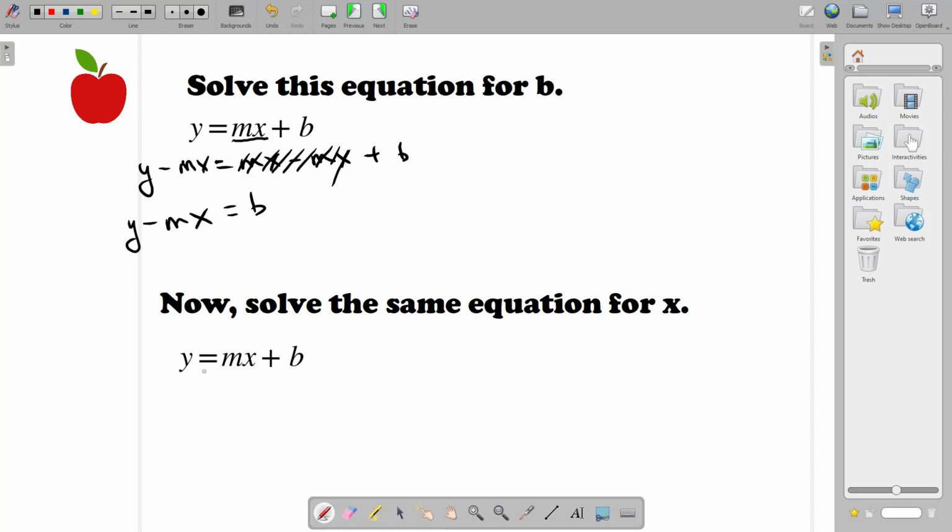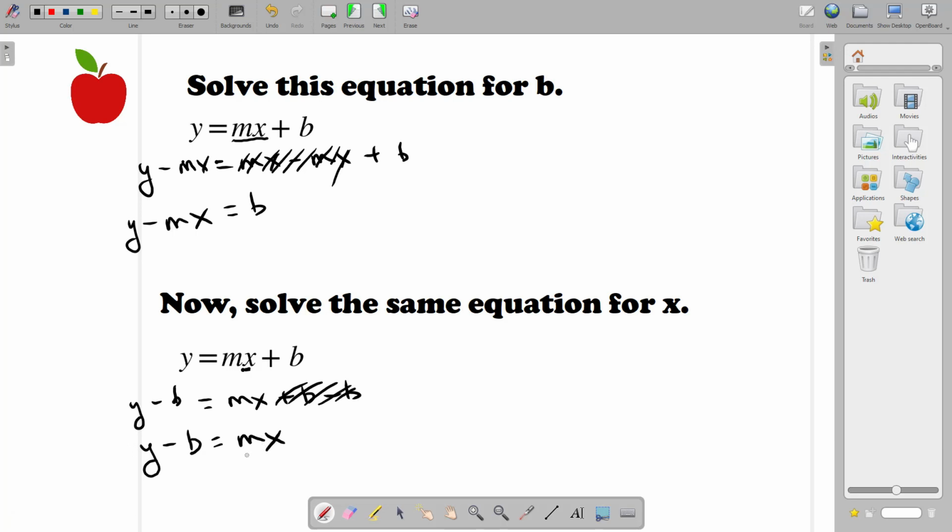Now let's take the same exact equation, but this time solve it for x. So the first thing we need to get rid of here is the b. So if I take mx plus b and I subtract b, I need to do the exact same thing on the other side. Here the b's add out, so I'm left with y minus b equals mx.